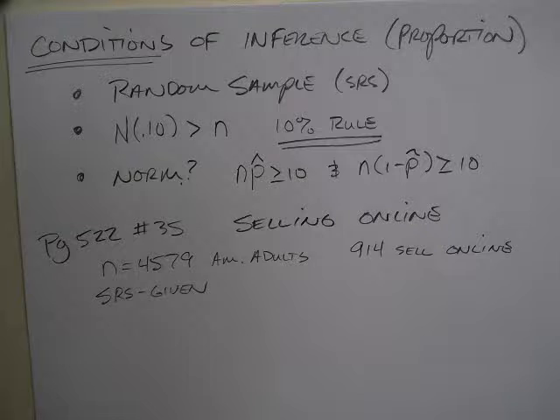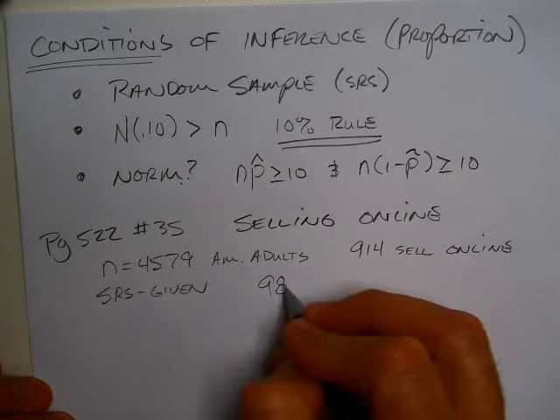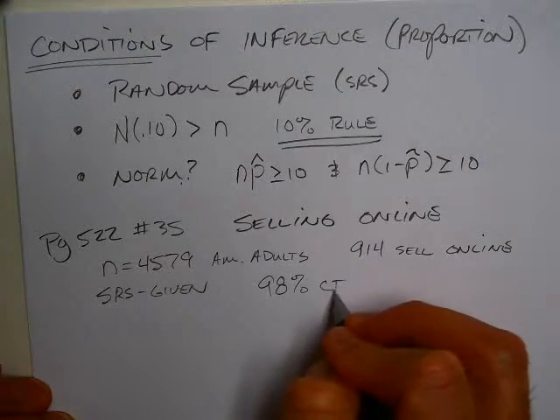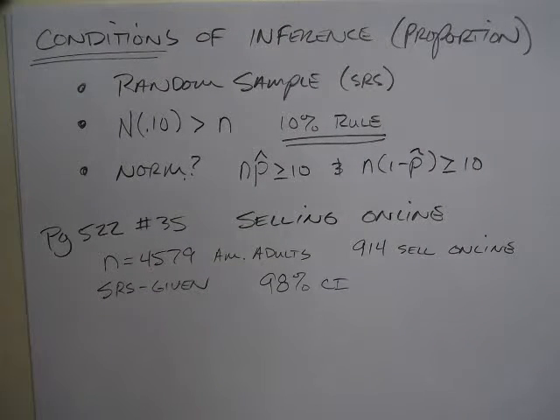We don't know the z-star value for 98%. By the way, I have a cheat sheet for you. I don't know if you noticed or not, but I added it to the board. All right, these are our three most common, but we need to be able to calculate if we're asked something else. So we're looking for a 98% confidence interval. And we want our z-star values, but before we do that, what's p hat?